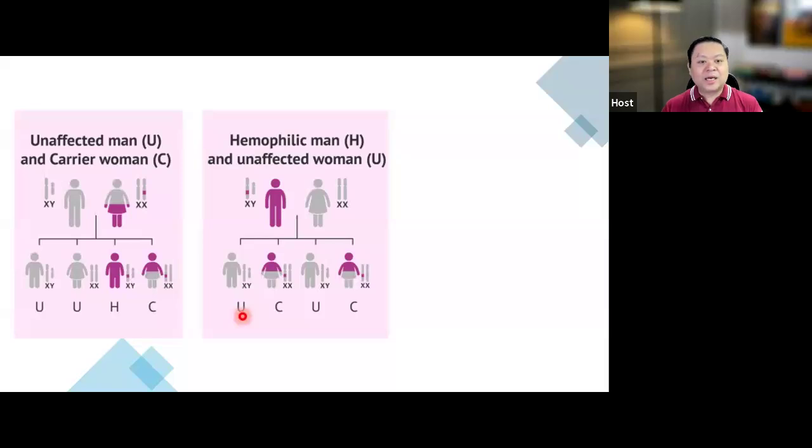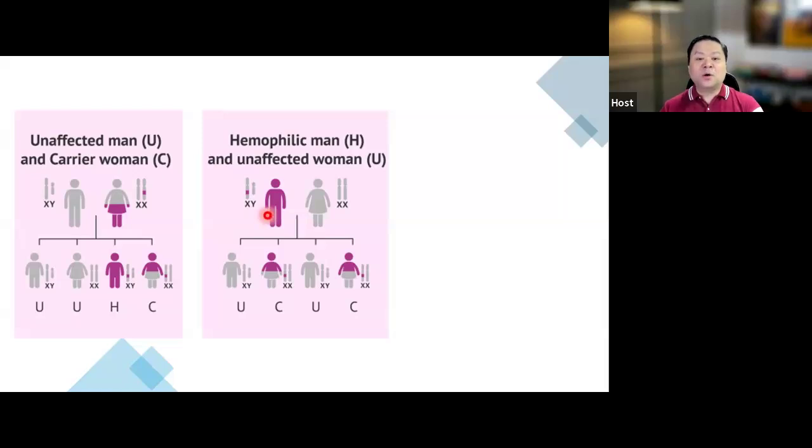So are they lucky at this time when the sons have a father who is hemophilic but a mother who is unaffected? They surely will not have any chance of getting the hemophilia gene. However, for the daughters, since they inherit one X chromosome from their mother and one from their father, and since the father is the one affected, the father could potentially pass the X chromosome with a hemophilia gene mutation to all his daughters.